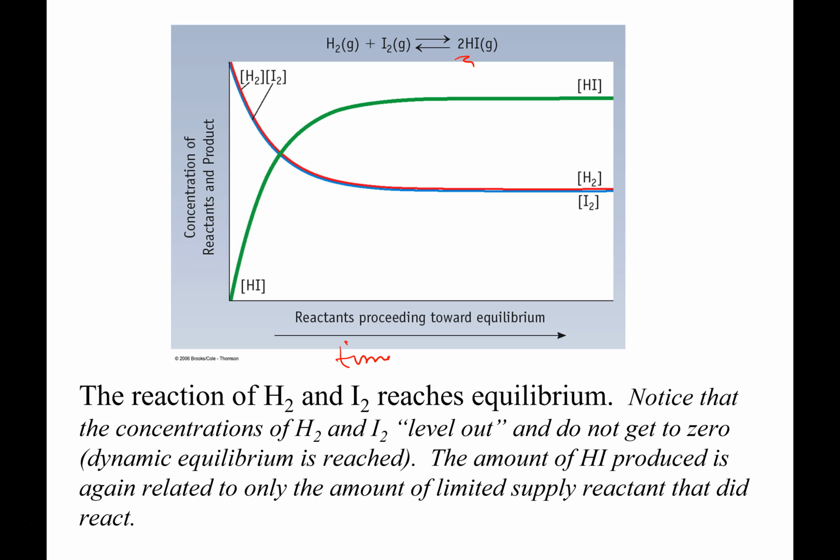Given a certain amount of time, somewhere around here, things level out. Given enough time, things settle into a constant concentration of your product, HI, and you still have some of your reactants left, H2 and I2. That's the equilibrium part.